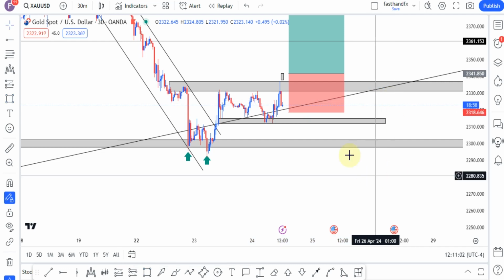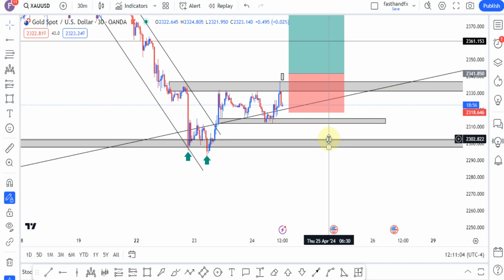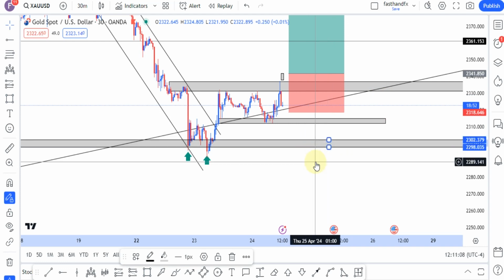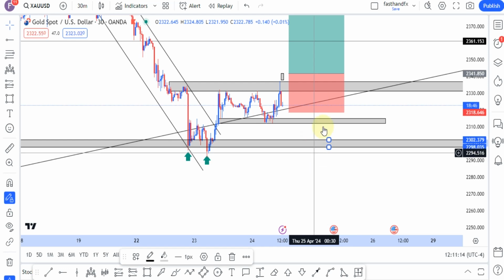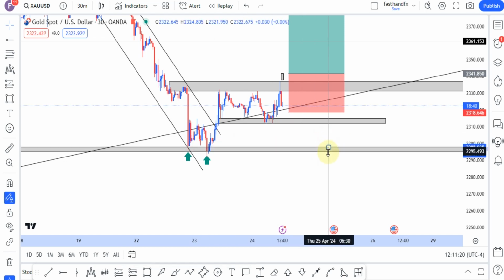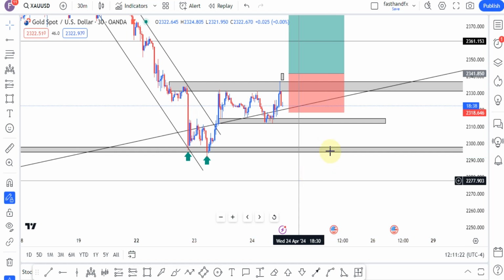So if the market doesn't break above that immediate high that we have up there, what is likely to happen is that the market will come down to retest this area down here.